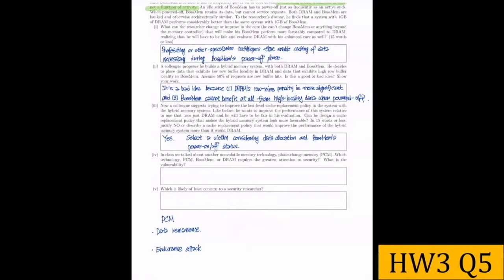But DRAM is relatively free from these security concerns, as it is fundamentally volatile memory and virtually has no endurance limitation, right? But it has a different, perhaps more serious, security vulnerability, as we have learned, which is RowHammer, right?